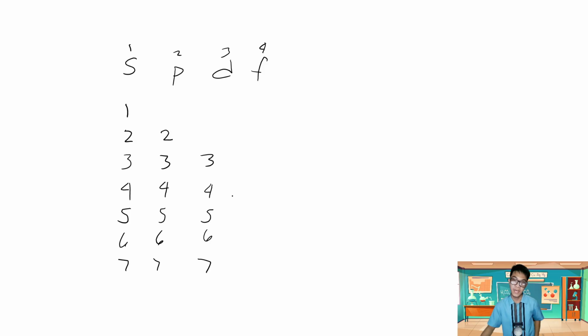And lastly, for the F block, F starts with number 4, so let's write down the 4 in horizontal alignment with the other numbers. So let's have it 4, 5, 6, and 7. Now we have all of these numbers across our whiteboard. So what is the next step?